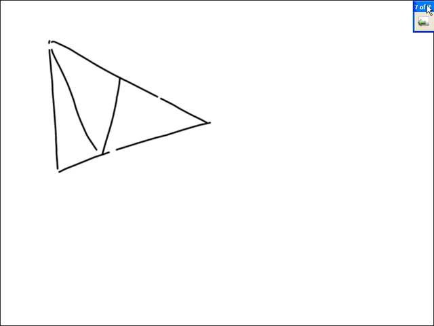A, B, C, D, and E. And they tell us a couple of things.